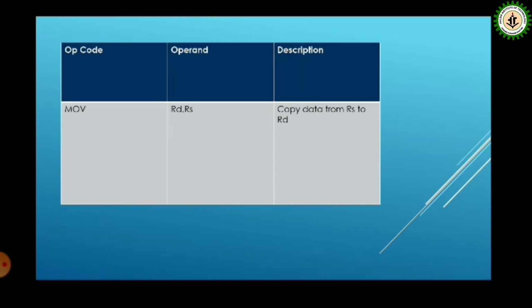Here, opcode is MOV, operand is RD, RS, and description: copy data from RS to RD, source to destination.